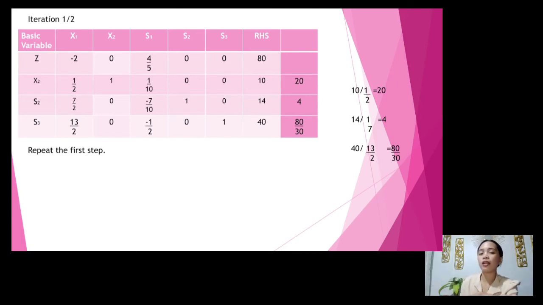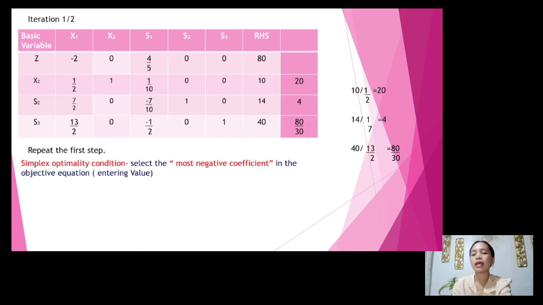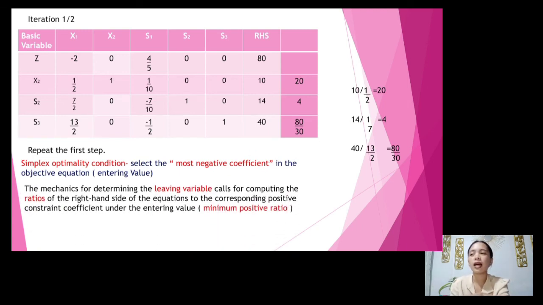So this is now our iteration 2. Here, we just repeat the steps from the first step to the last step to get another iteration. We will do again the simplex optimality condition, most negative. Our most negative here for z is negative 2.